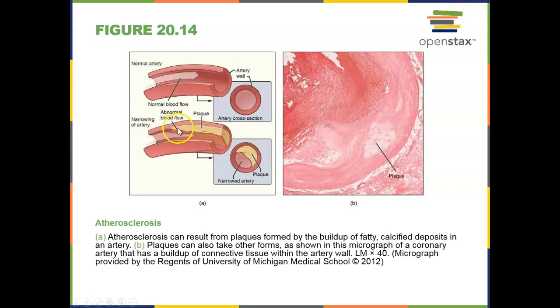When you have plaque buildup, that flow decreases, so that increases your blood pressure. It also increases the likelihood of a thrombosis occurring. So remember, a thrombosis is when you have a blood clot forming in a blood vessel that is not damaged.